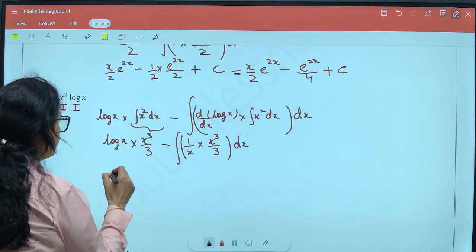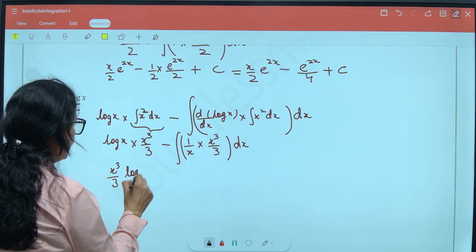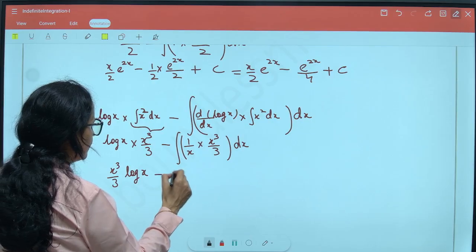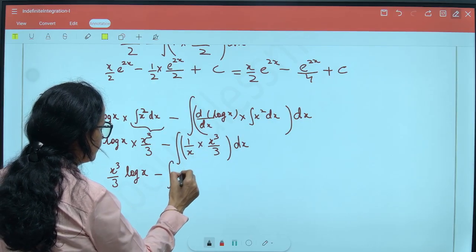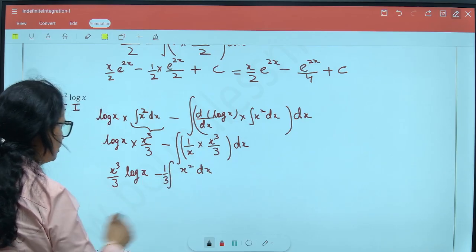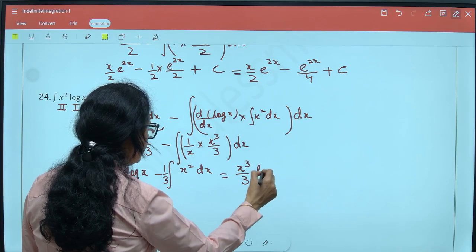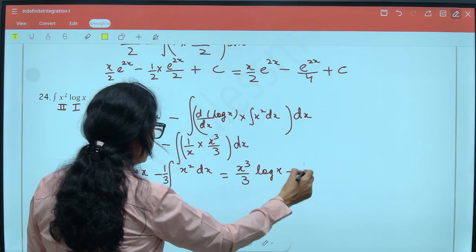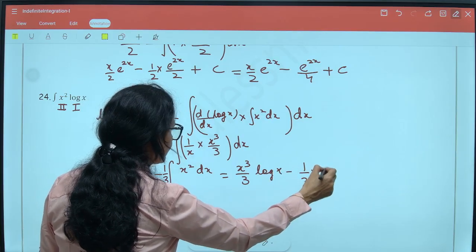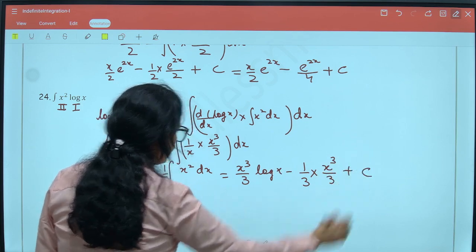So this becomes x cube by 3 log x minus integral of x square dx, and let me get this 1 by 3 out. So this becomes x cube by 3 log x minus 1 by 3 integral of x square is x cube by 3 plus the constant of integration.